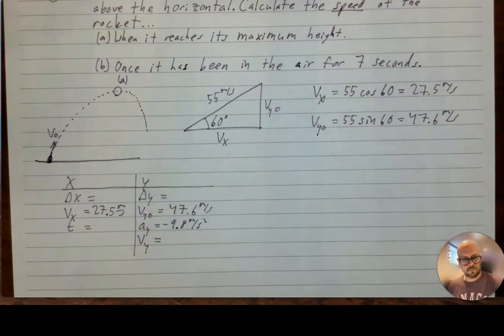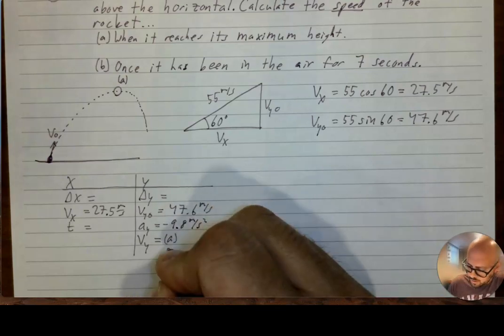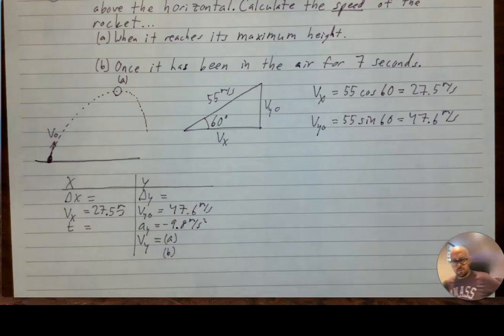is complicated because there's two parts to this question, so A and B. In part A, the question says, what is the speed of the rocket when it reaches its maximum height? Maximum height is something that you might have touched on in the free fall part of this unit, and we're going to do it again.